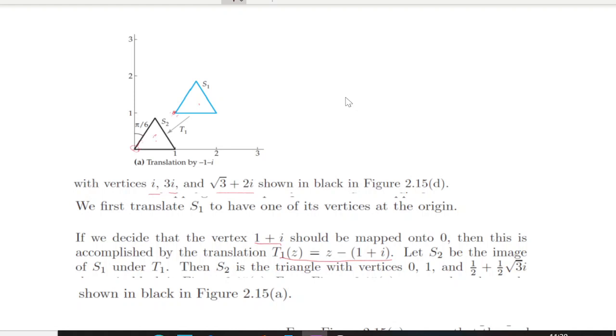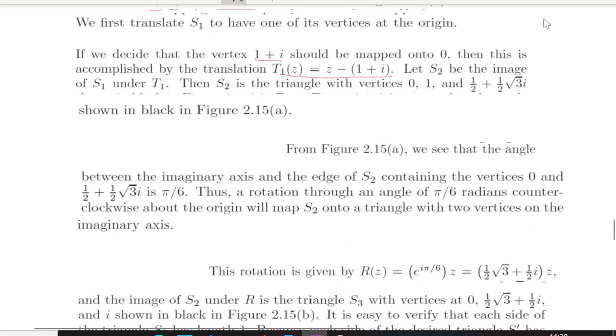So this is S2 now. Then S2 is the triangle with vertices 0, 1 and, similarly, you can find the translation from here to here, so the images should be 0, 1, and one more will come, that is 1 by 2 plus 1 by 2 root 3i.